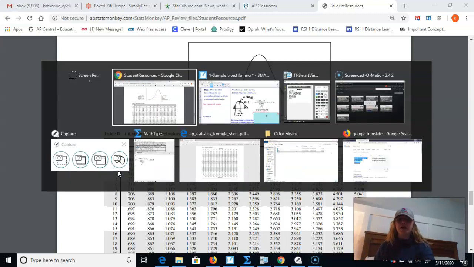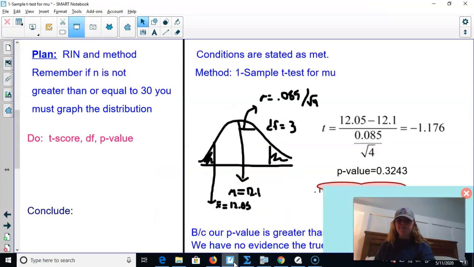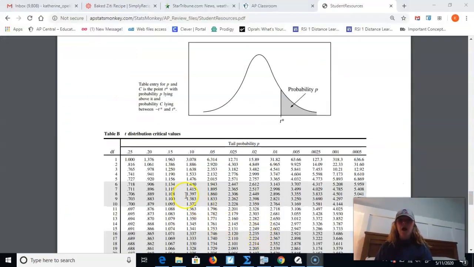Let me just double check because I don't always have the best memory when it comes to that. Yeah. Okay, so degrees of freedom of 3, I scroll over and I see, hey, 1.17 is in between 0.978 here and 1.250. So I scroll up, which means my p-value is between 0.15 and 0.20.